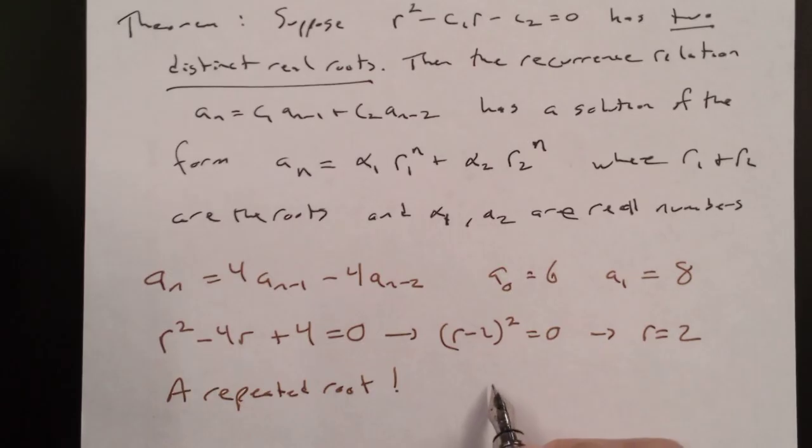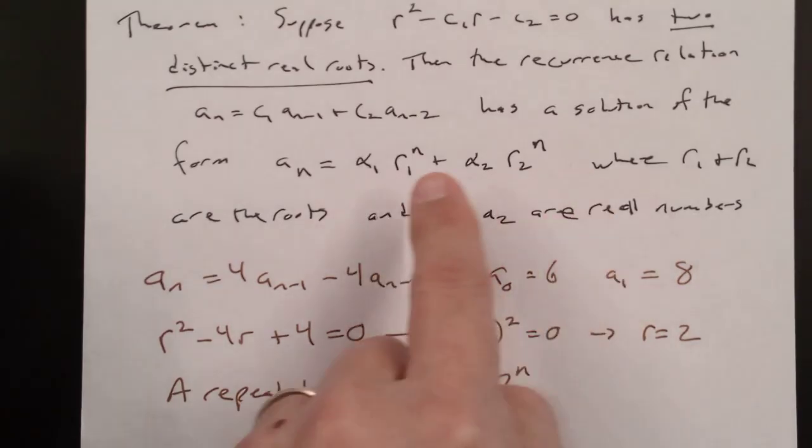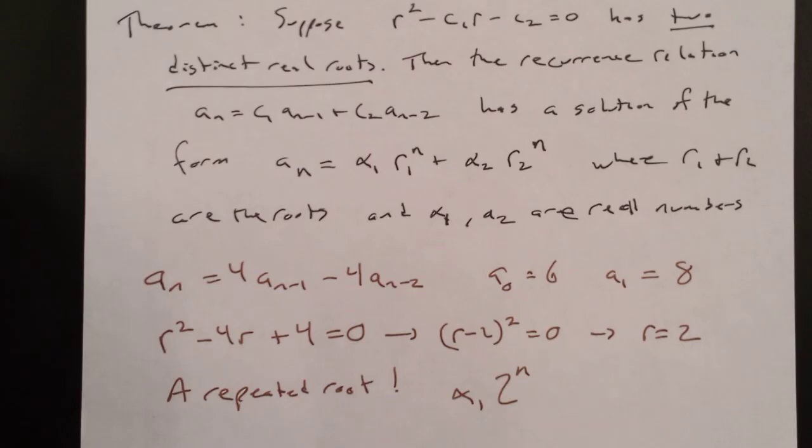So I want to use 2 to the n. But I can't use it twice. So maybe I'd have something that looked like this. But that's only one of the 2 pieces up here. And if I've got a quadratic, I should have 2 pieces to my solution. So in order to make the other one independent enough to make it go in a different way, I'm going to use the following trick.